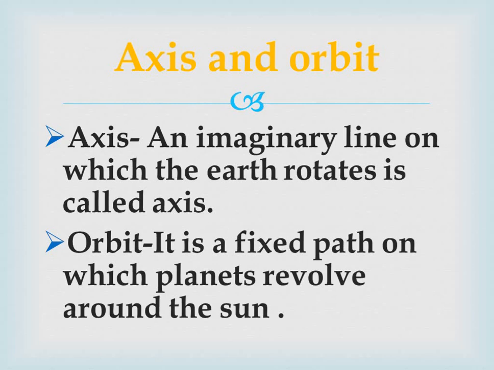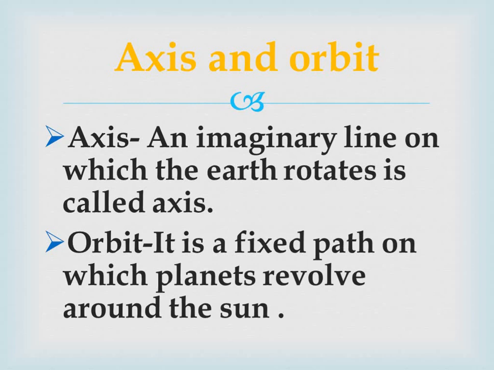Orbit is a fixed path on which planets revolve around the sun. As we talked about in the first chapter, in the solar system, the sun is the head of the solar family and all 8 planets revolve around the sun in their orbit. So orbit is a fixed path on which planets revolve around the sun.